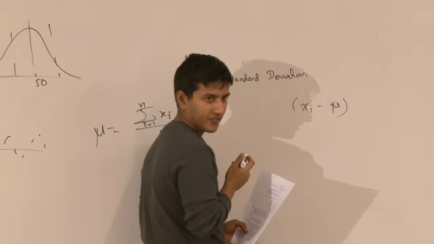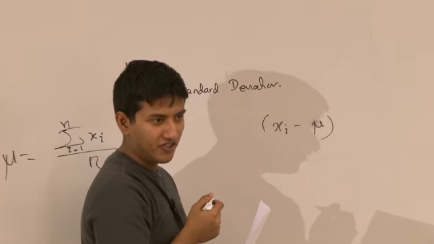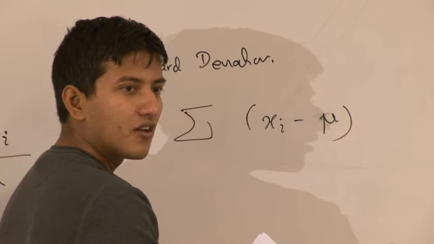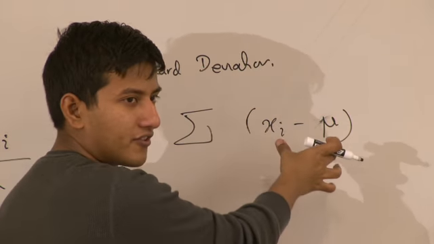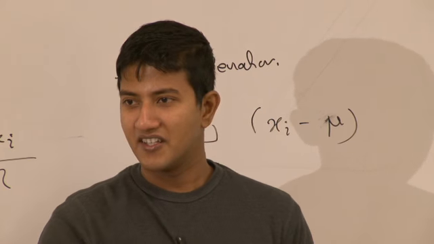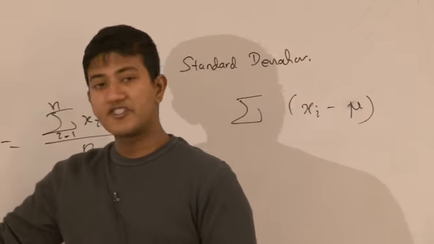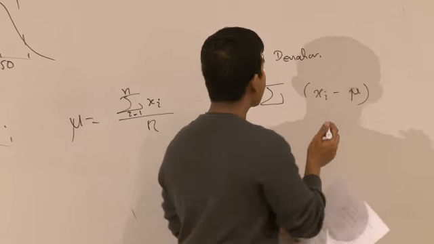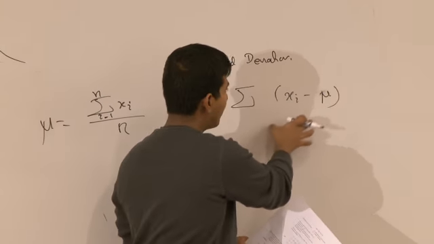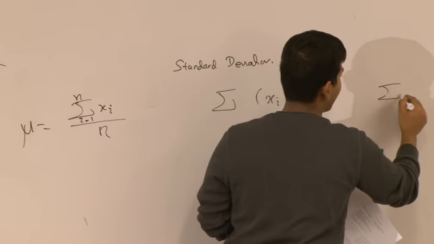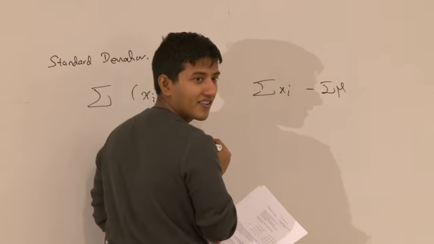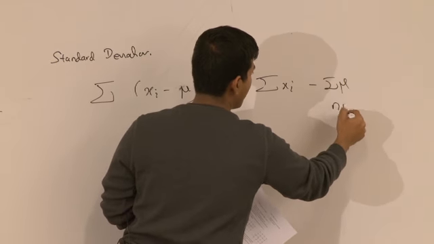So this will be the difference. Standard deviation is summing up all the differences. But the problem is when you sum up the differences, it will be 0, right? The total summation of the differences will be 0 because that's how you get the mean. Because if you expand this, it will be something like this, right? Which will be n mu.